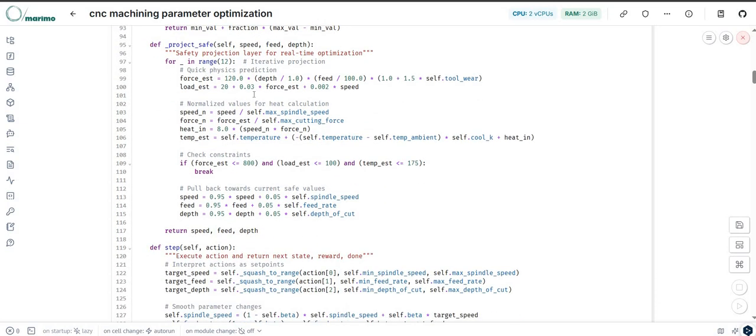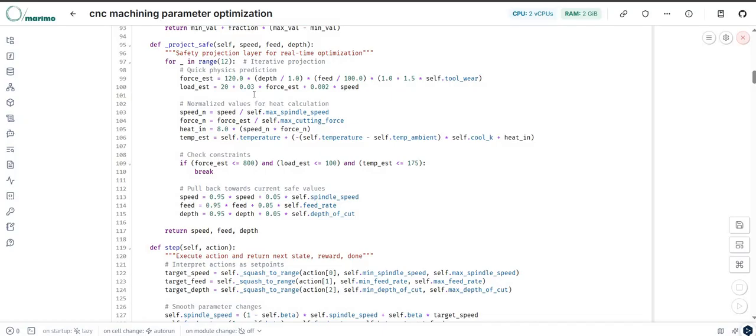After that, there is a project save function. This one is interesting. It acts as a safety layer. What it does is check if the chosen speed, feed, and depth values might cause unsafe conditions like too high cutting force, too much spindle load, or too much temperature.